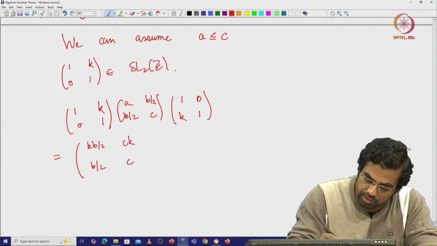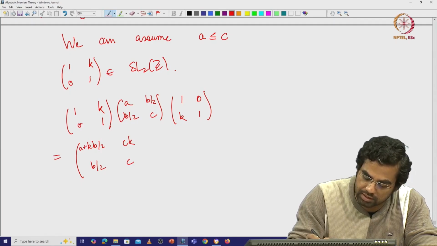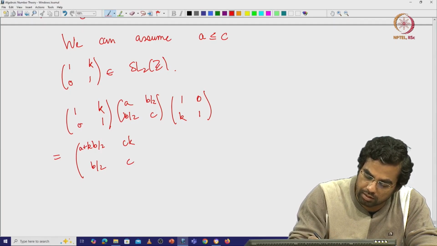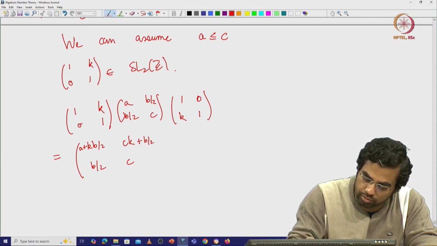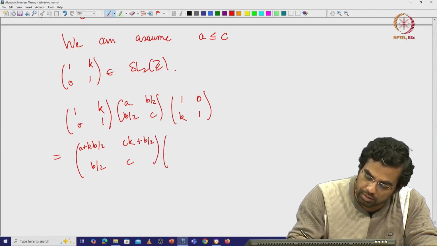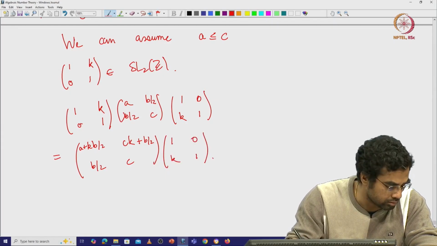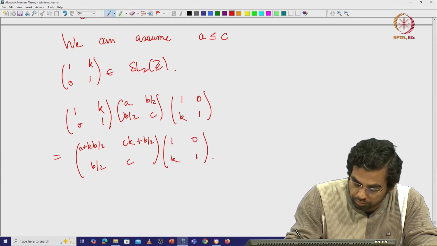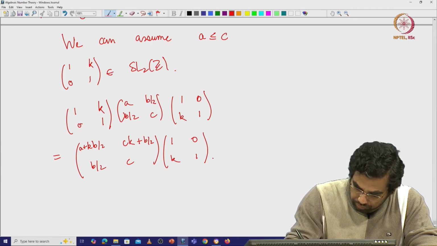Sorry, I made a mistake here. This should be A plus this, and the other one should be C K plus B by 2 and this, and then we have (1 0; K 1), right. Okay.